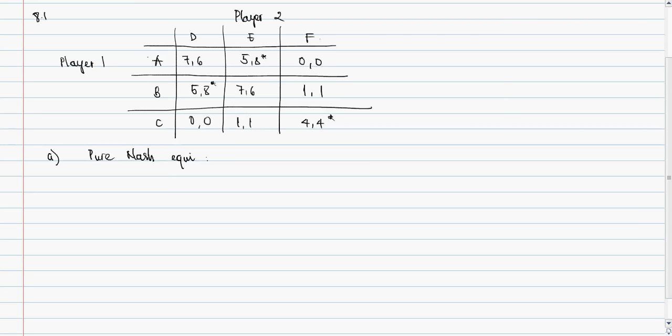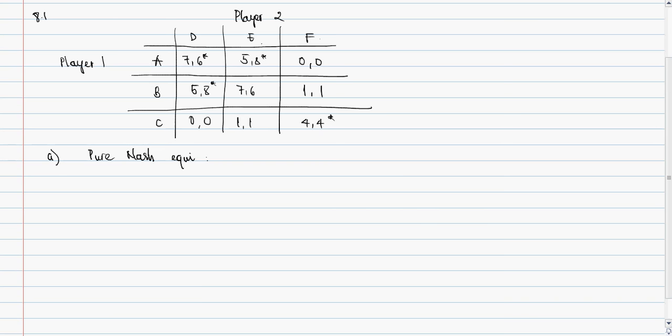So we will choose the best strategy for player 1 given the strategy chosen by player 2. If player 2 is choosing D, what is the best strategy for player 1? As you can see, player 1 choosing A gets 7, choosing B gets 5, and choosing C gets 0. So strategy A is the best strategy for player 1 in this case, and I'll put 1 star here.